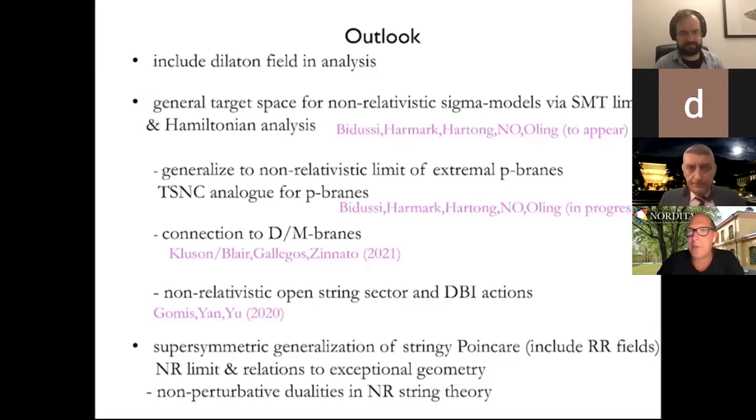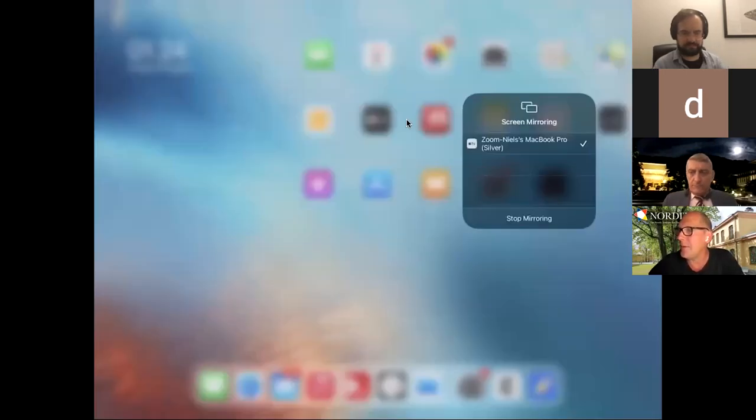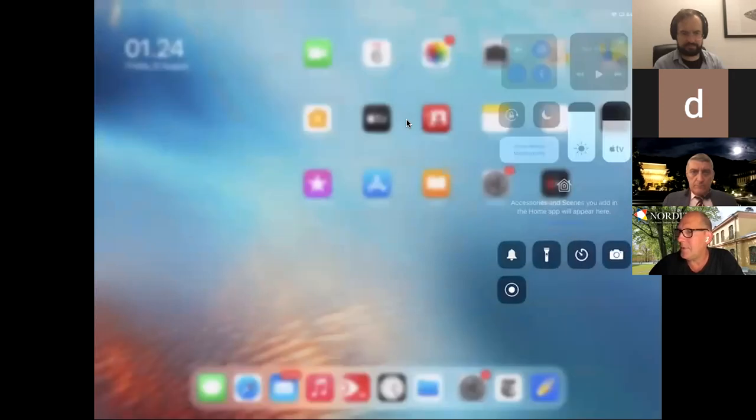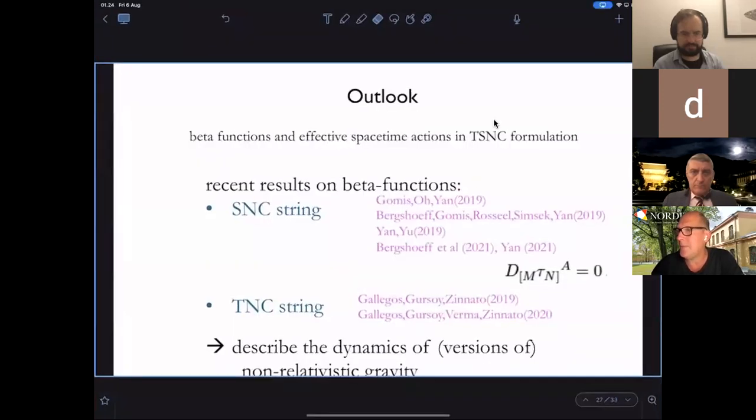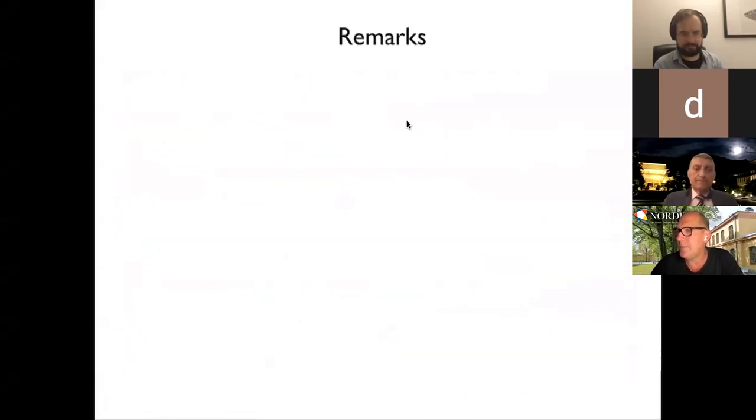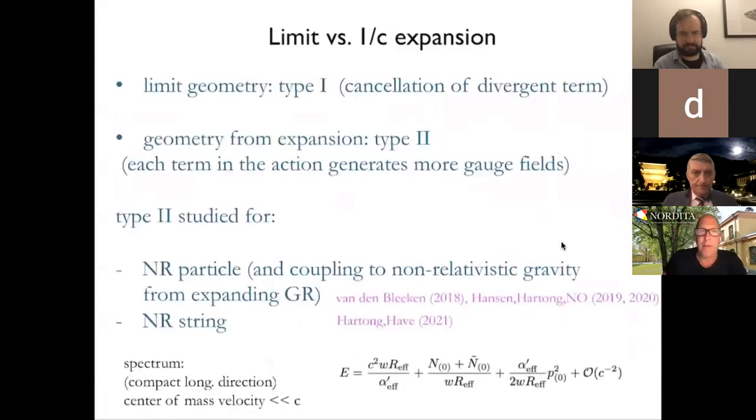Just to give one concrete answer on the spectrum, because I included it in my talk, but in view of the time, I skipped it. So the spectrum. Okay, so here at the bottom, you see the spectrum.